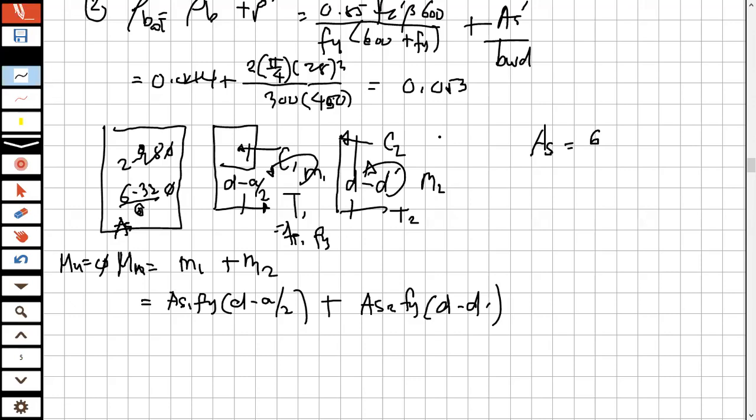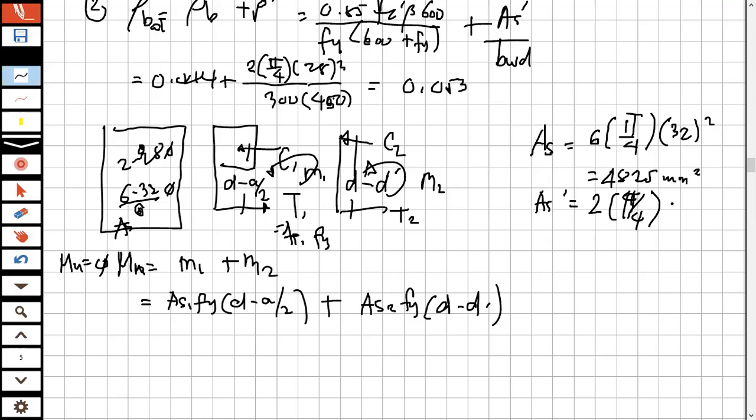Ito. Kita naman, no? A_s. So you have 6 pieces ng 32. 32 squared. So this is value. A_s is 6, pi over 4, 32 squared, 4825. Okay? And then you have A_s', dalawang 28, pi over 4, 28 squared. So this is equal to 1232 square millimeter.